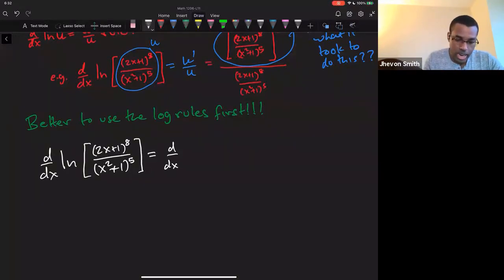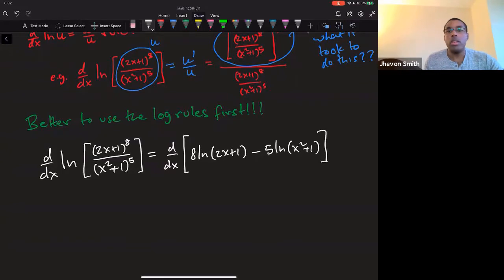So this is actually the same as 8 ln 2x plus 1 minus 5 ln x squared plus 1. And you have just saved yourself the trouble of doing the quotient rule with the chain rule inside of it, and then having to factor and simplify all of that stuff. This is way easier, right?